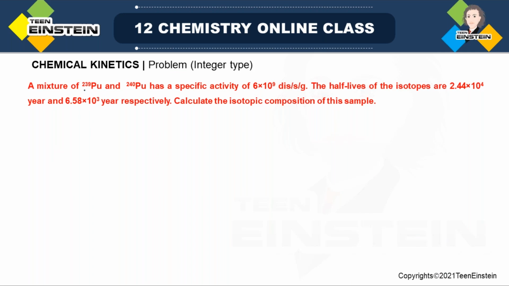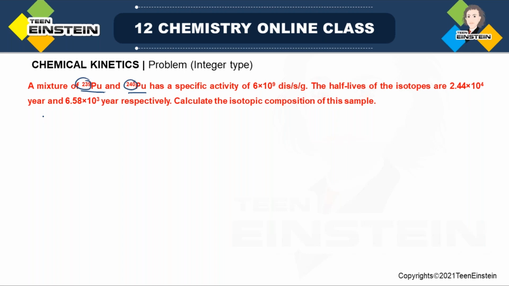Here we have a mixture of two different isotopes. Why are we calling it isotope? See here, the Z number is not given, and both the elements are the same element, Pu, but the difference is only in the mass. One is 239, another one is 240. So isotopes are where the atomic number remains the same, that is, the element remains the same, but the mass number is different.